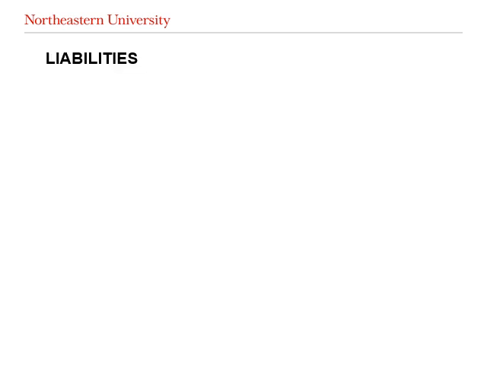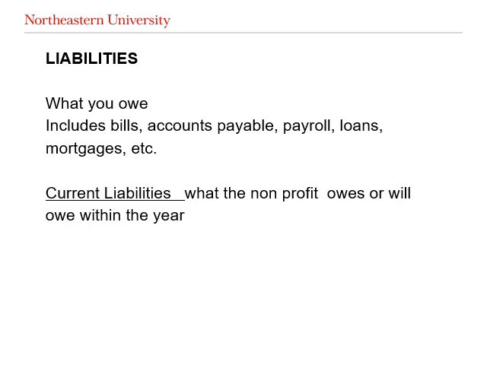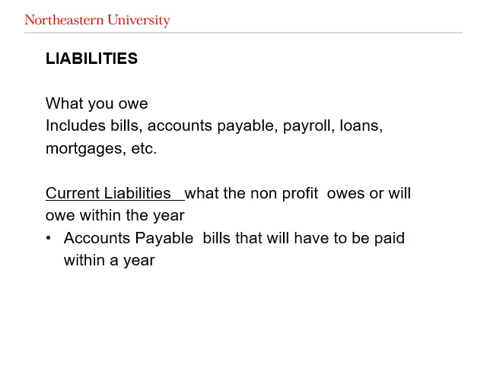So, liabilities now. They are what you owe. And that includes bills, mortgages, accounts payable, your payroll, your loans, etc. And again, it's divided into both current and fixed. Current liabilities, again, it's what you owe or will owe within the year.